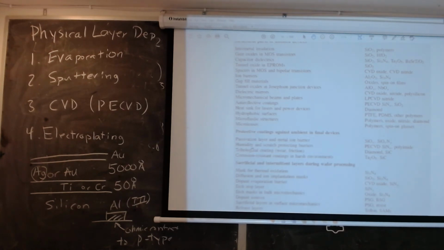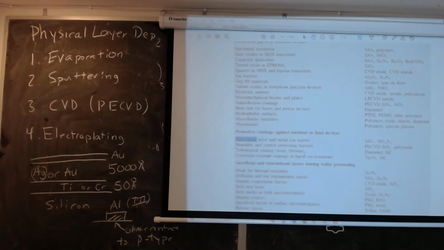Other things to understand here are what's called passivation. What passivation means is it's a coating for a semiconductor device that reduces the defects at the surface. And so silicon nitride, particularly oxynitride, tends to be used there.